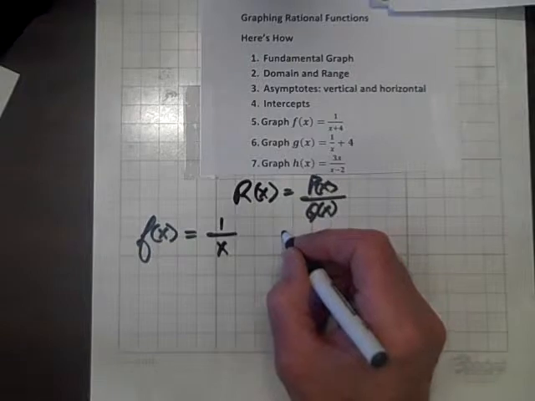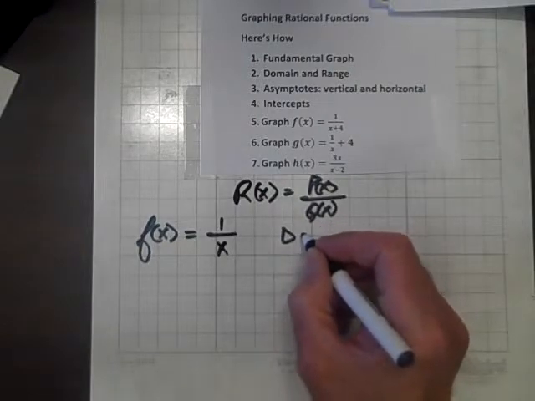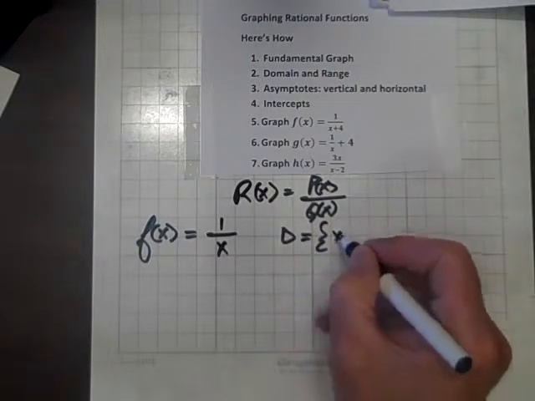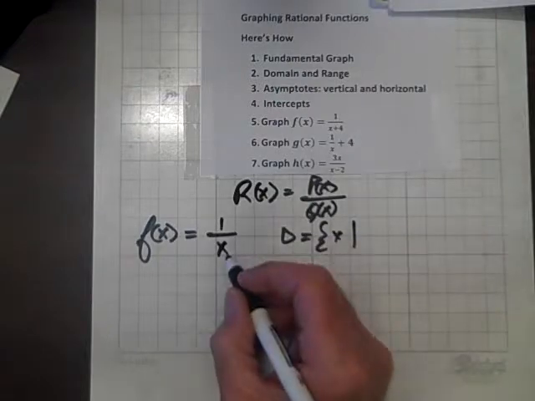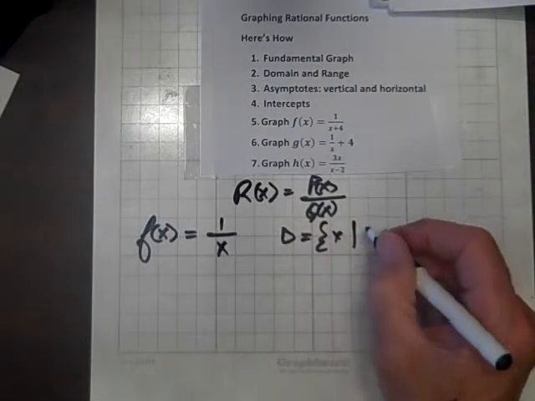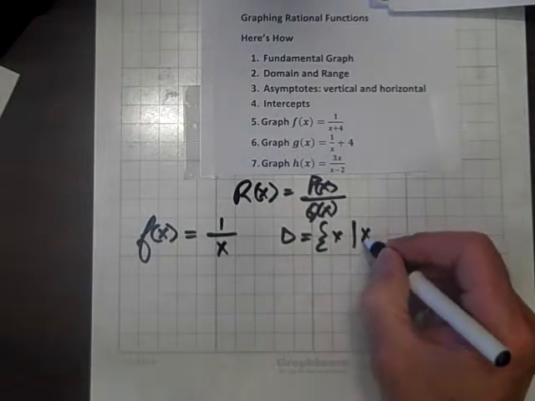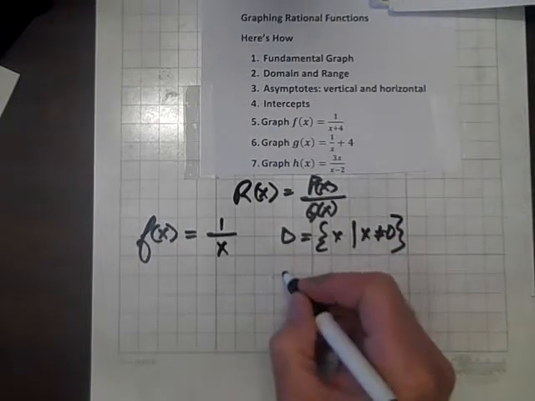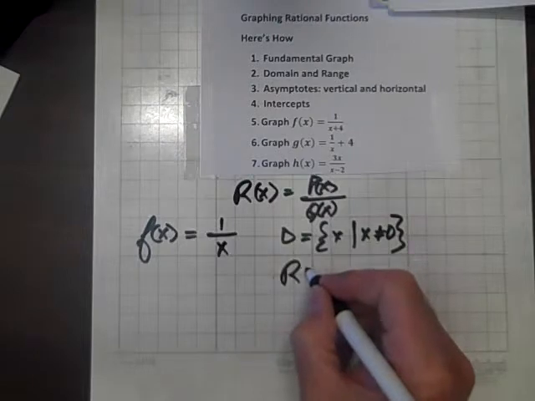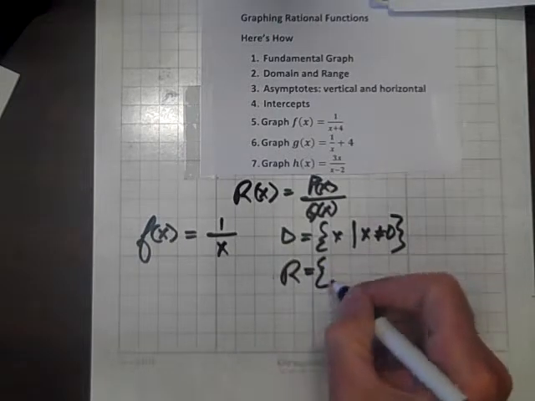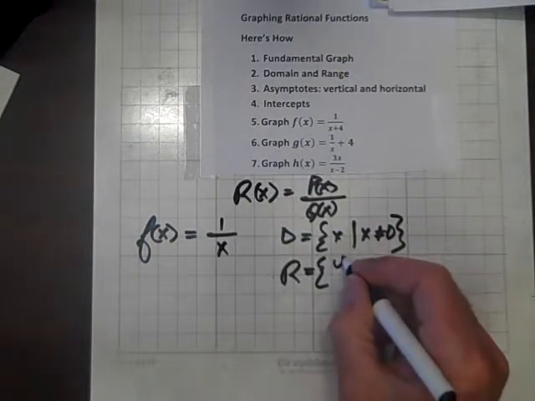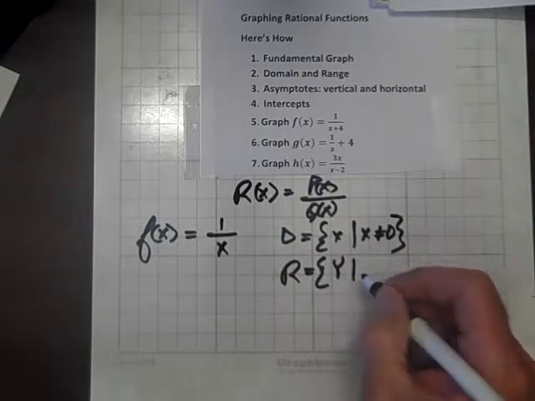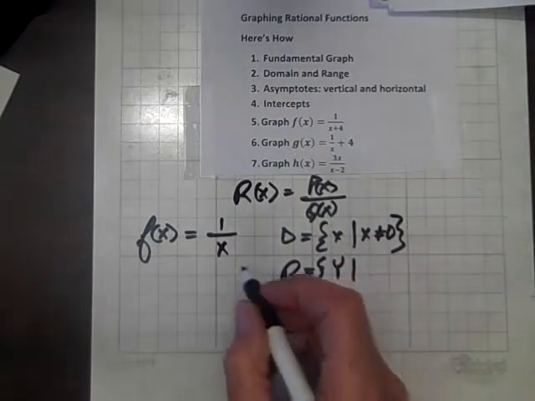Now let's determine the domain of this thing. The domain equals the set of x such that, since division by 0 is undefined, x cannot equal 0. The range equals all the y values that can be attained, but there's one y value that can't be attained, and that's 0.